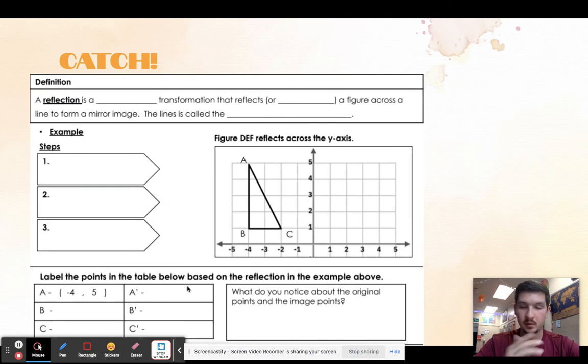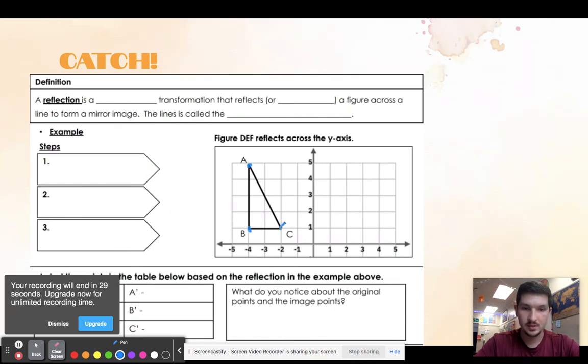So the line that we flip over is called the line of reflection. Step one, I want you to identify your vertices. Make sure you identify all your vertices. Step two is know what line of reflection you are going across. In this case, we're going over Y. And then step three, make sure each vertex is the same distance on both sides.